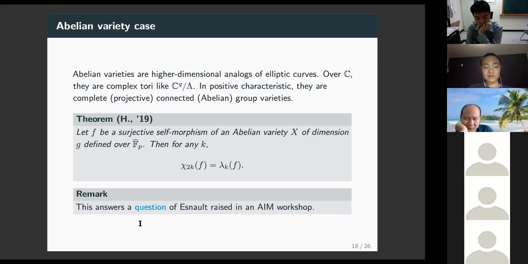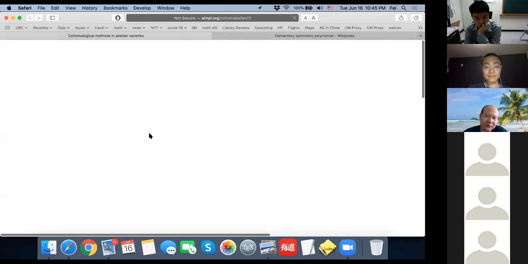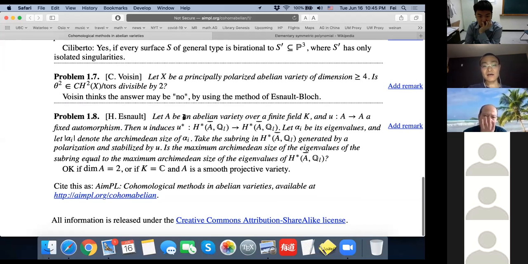Okay, so this in particular answers a question of Esnault raised at the American Institute of Mathematics workshop. So if A is an abelian variety defined over some finite field, and U is a fixed automorphism, then U induces this pullback action on the total cohomology ring. Let alpha i be the eigenvalues, and consider the absolute values of alpha i.